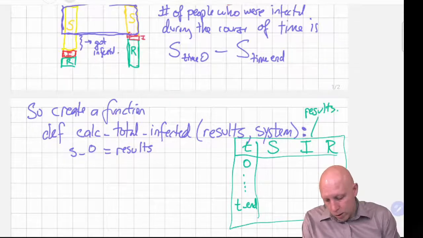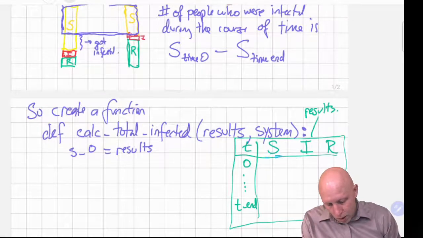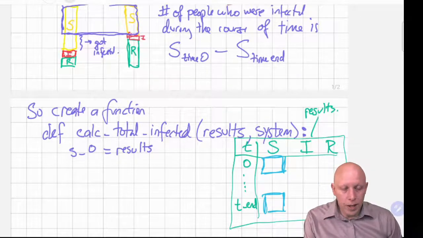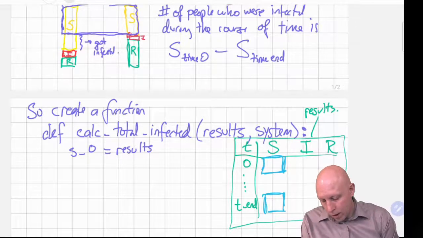So what we want is the value S at time 0 and S at time end, and then we want to subtract the two of them. So how do we do that?